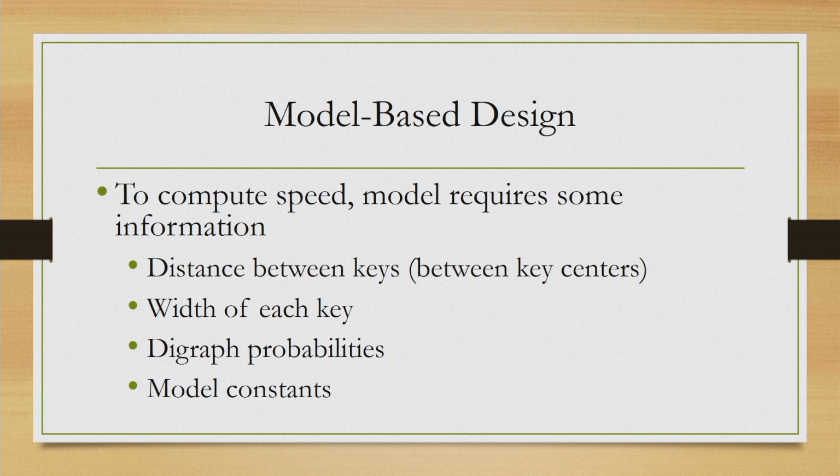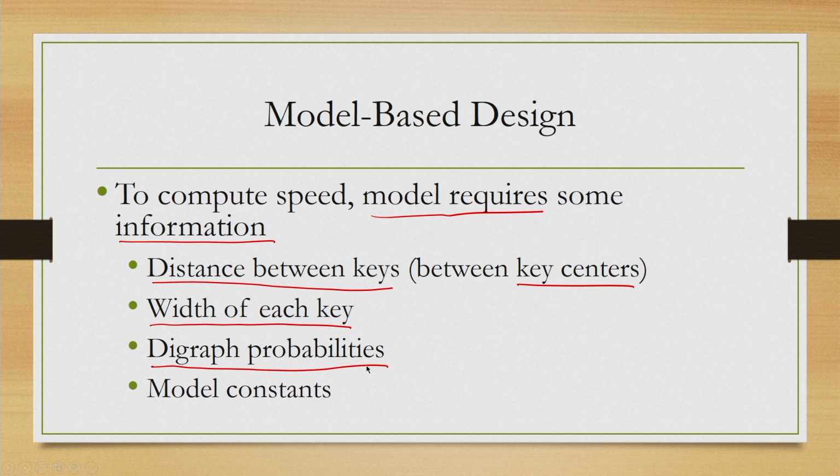Now, in order to compute the speed, the model requires some information. What is that information? The distance between keys or between the key centers, because we are assuming rectangular keys, the width of each key, digraph or bigram probabilities which we can get from a corpus, and the model constants, that is the constants A and B in the Fitts law component of the model or the Hick-Hyman law component of the model.